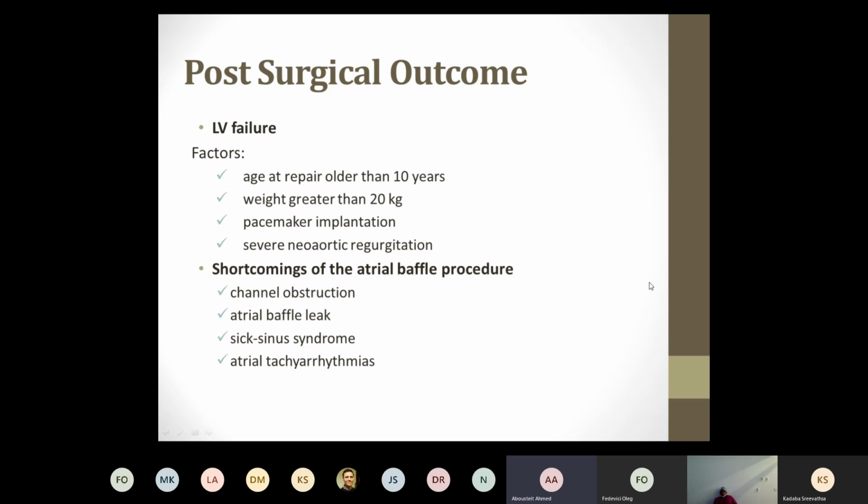Also, there are other shortcomings of the Senning or the Mustard, which are channel obstruction, leak, and arrhythmias, mainly sick sinus syndrome and other atrial tachyarrhythmias.